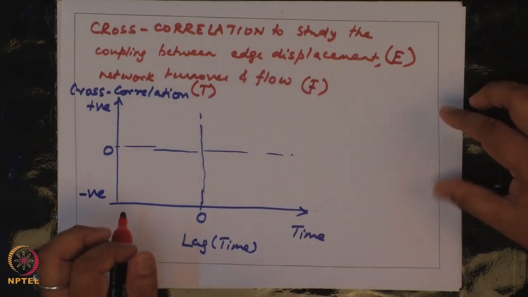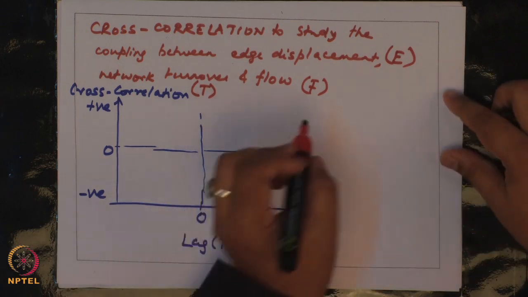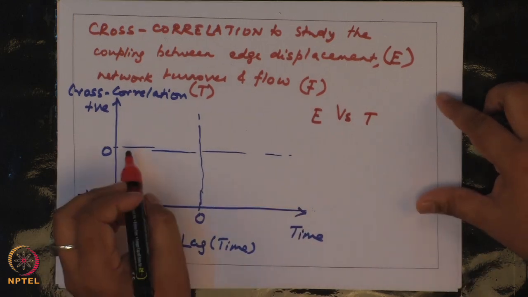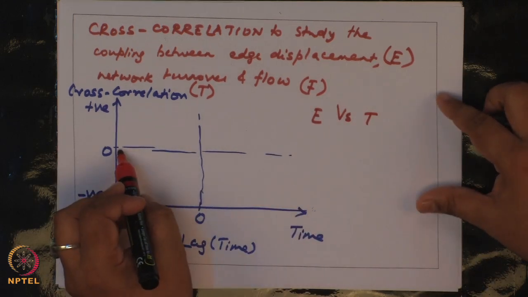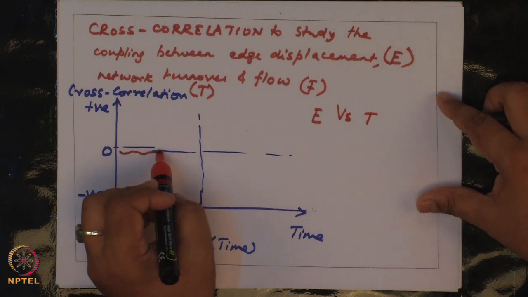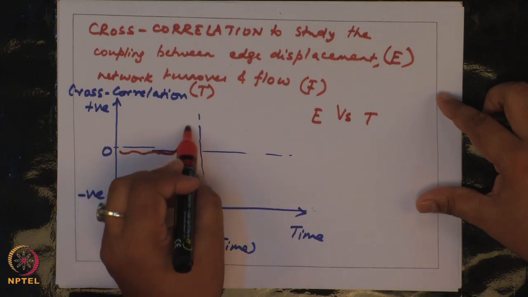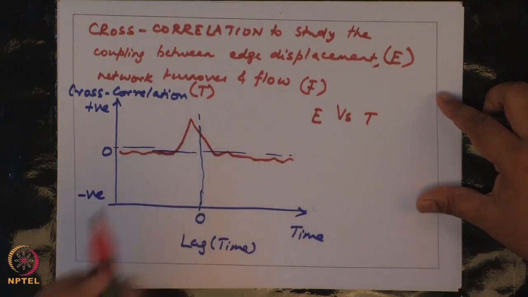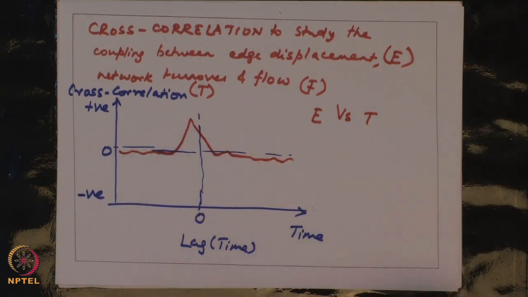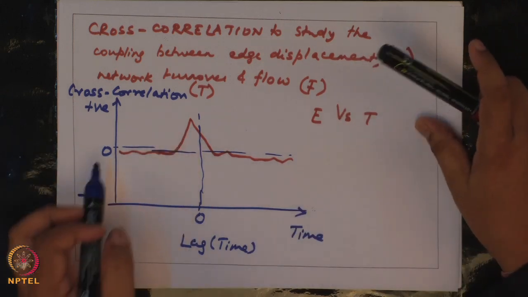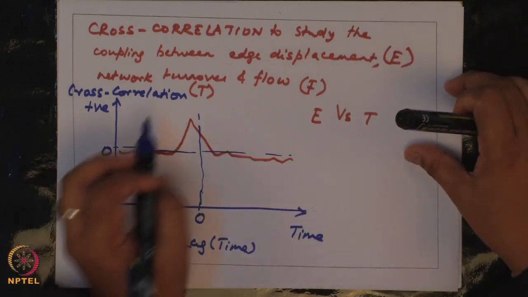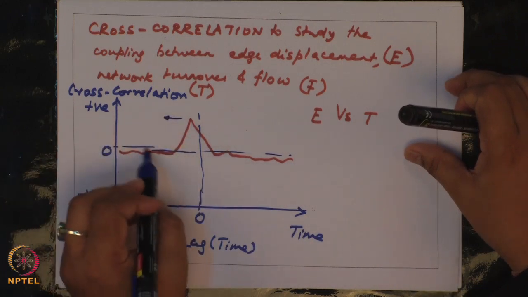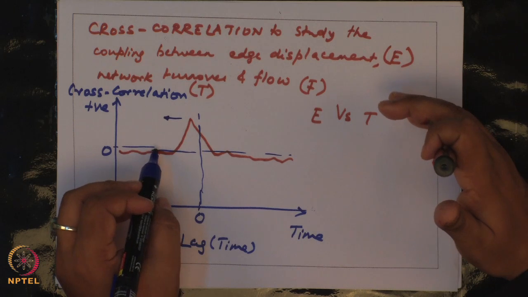Let us first plot E versus T, and what they found was that this curve looked something like this. If you notice the way I have drawn the curve, it suggests that at one point there is a positive correlation, and at other points it is mostly 0 or baseline.